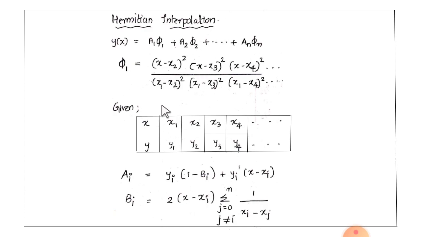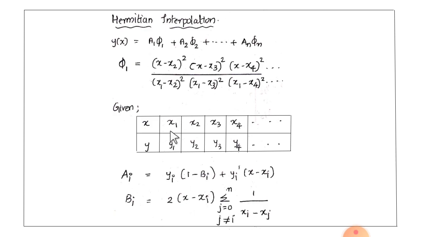If x and y values are given in a table, with x values ranging from x1 to x4 and y values from y1 to y4, then you can find the value of phi 1 using this equation: x minus x2 whole square into x minus x3 whole square into x minus x4 whole square, divided by x1 minus x2 whole square into x1 minus x3 whole square into x1 minus x4 whole square.